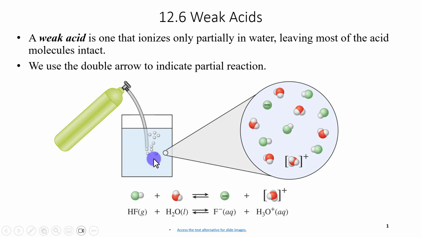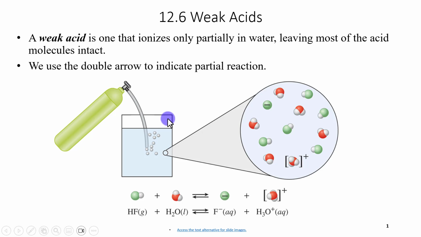If we were to zoom in and look at this solution and what is happening with the molecules, we will see that most of the acid remains intact and only a little bit of it actually splits apart into the F minus and H3O plus. That makes for a weak acid, not very many ions in solution.